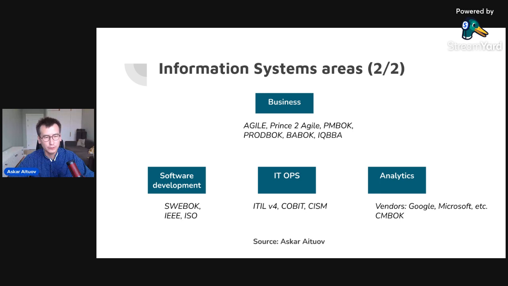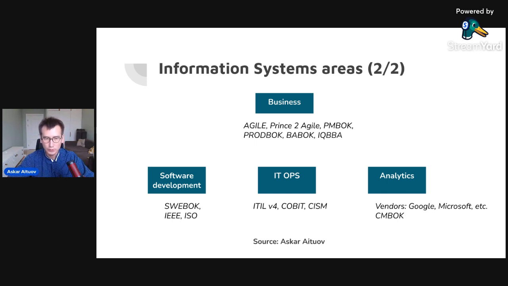For software development, it's more important to have hands-on coding experience. Try to code every time some new libraries or frameworks appear. But overall, the theoretical part is outlined in the Software Engineering Body of Knowledge, which is developed based on IEEE and ISO standards. IT operations has a number of standards such as ITIL. As of 2023, ITIL version 4 is valid.